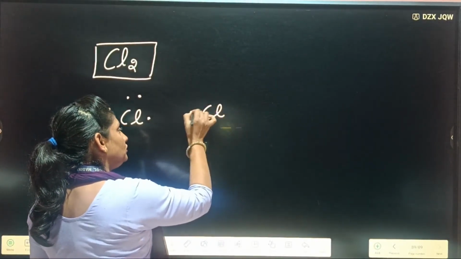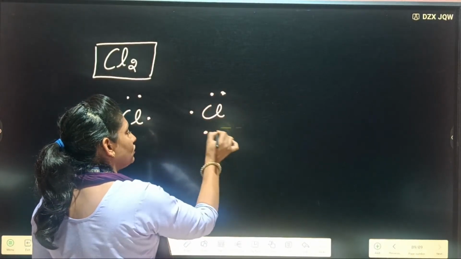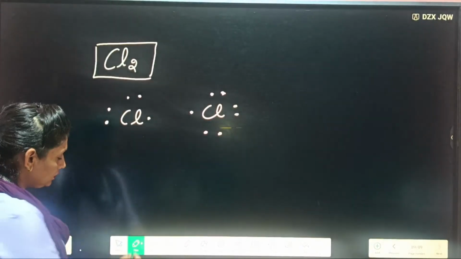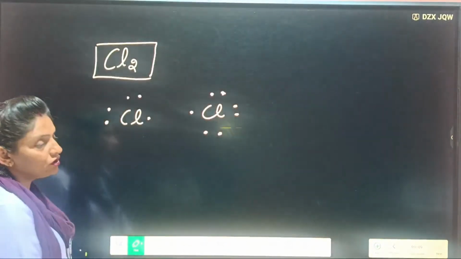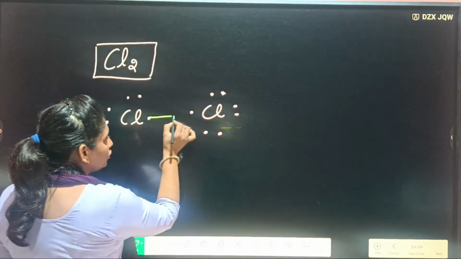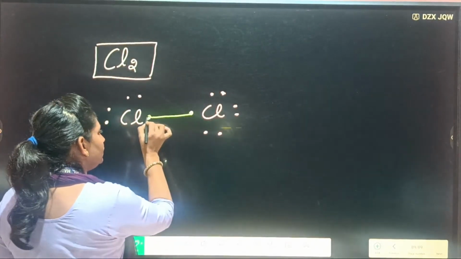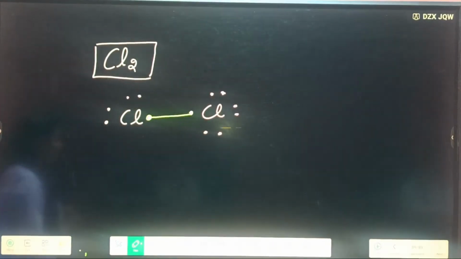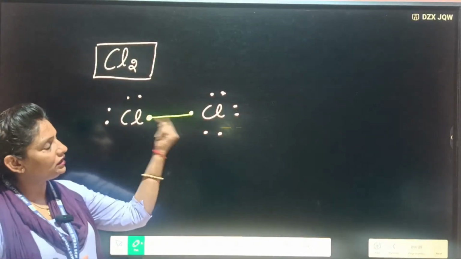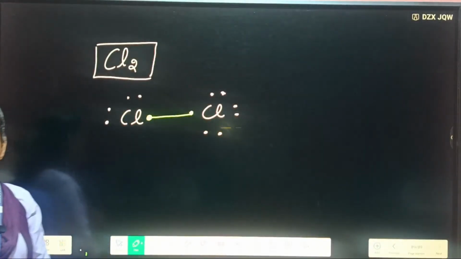In this one also there are 7 electrons. For completing their octet, they form a covalent bond. They do mutual sharing, both sharing 1 electron. After sharing 1 electron, it has 7 plus 1, 8 electrons. This one is also having 8 electrons.